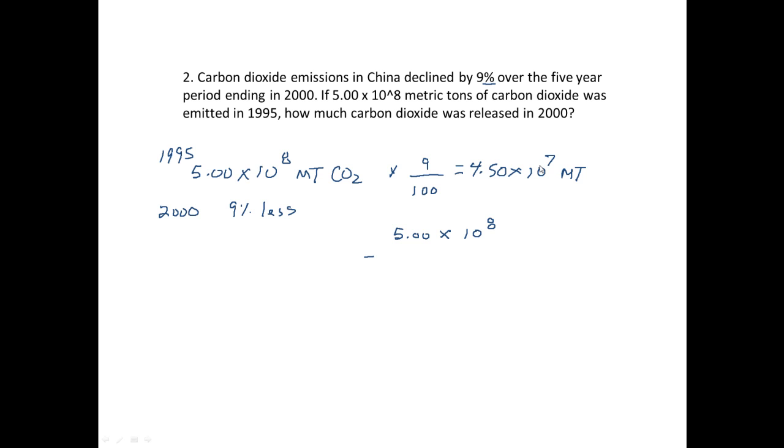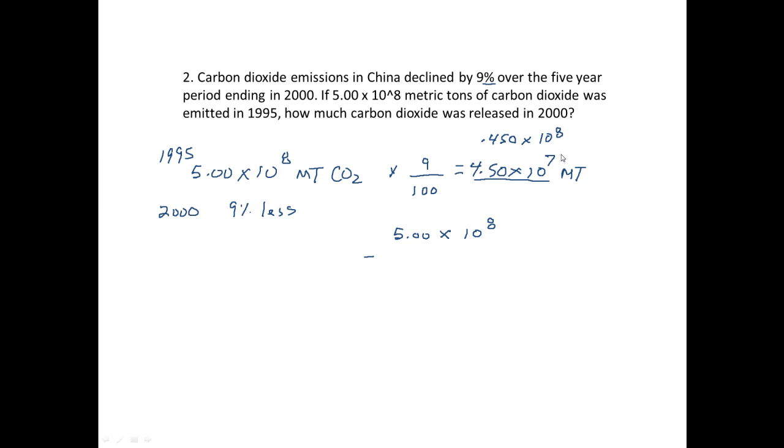If I want to subtract this number from 5 times 10 to the 8th without the calculator, I've got to get these exponents to agree. So if I want to convert 4.50 times 10 to the 7th to some number times 10 to the 8th, this becomes 0.450 times 10 to the 8th.